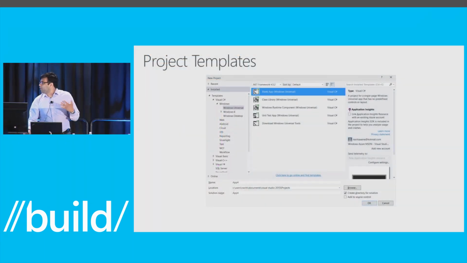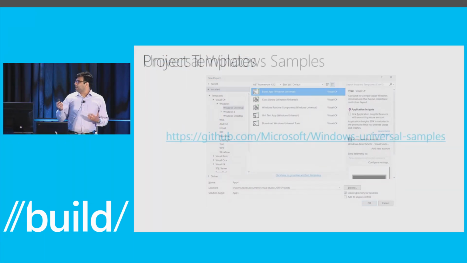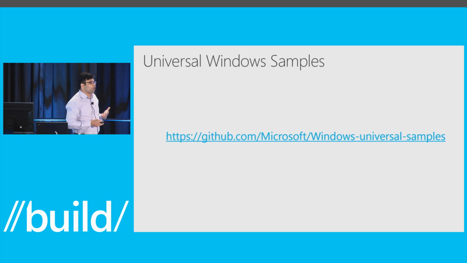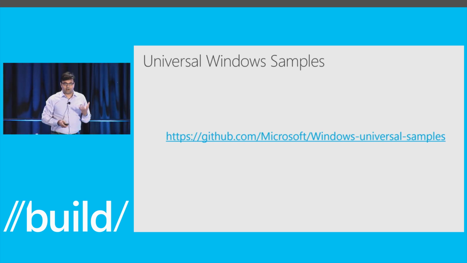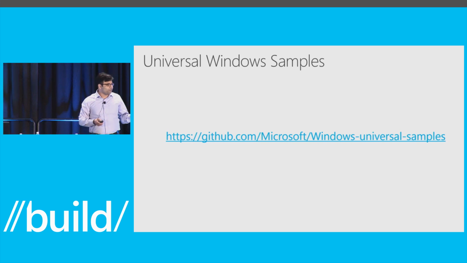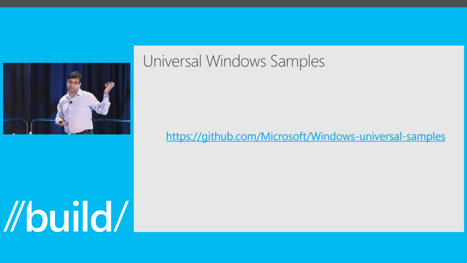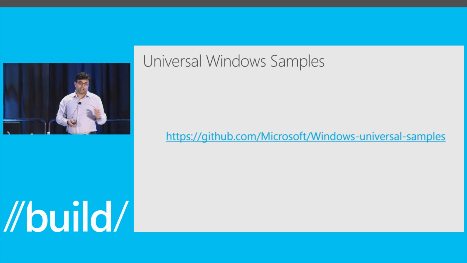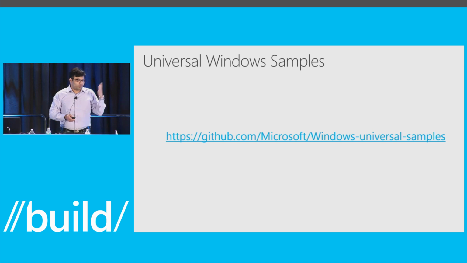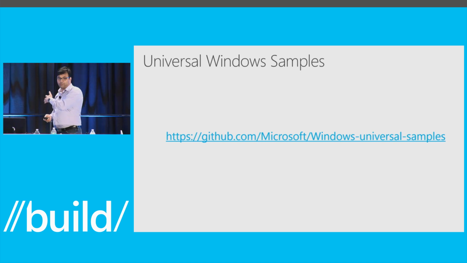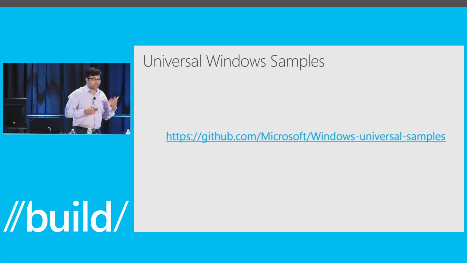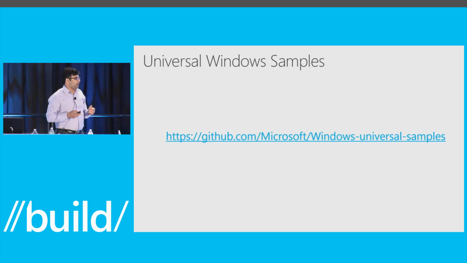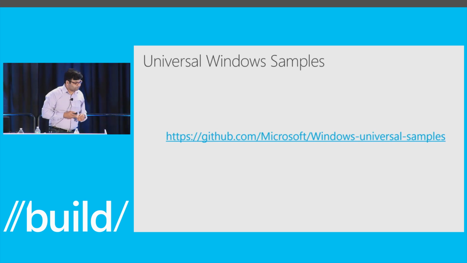So if you want to learn a little bit more about adaptive code, or learn more about adaptive UI, or if you are interested in learning more about a specific API or feature, you will find the right example on GitHub that the Windows team has published. So I will encourage you guys to go and explore this GitHub repository, download these samples, and start exploring some of the new Windows APIs that we have added for the Windows 10 platform.